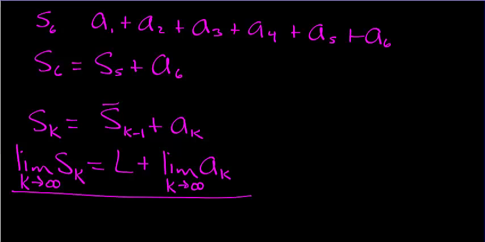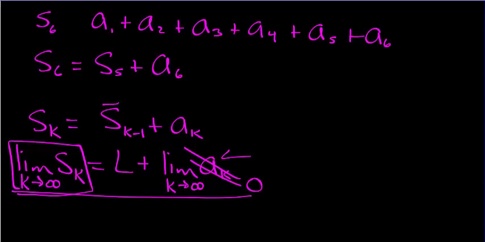Now, what if this limit right here, the limit of a sub k, is not 0? Then the limit of s sub k is not L, it's L plus something else, right? So for the series to converge, this absolutely must be 0. Because if it's not, then it's not converging.